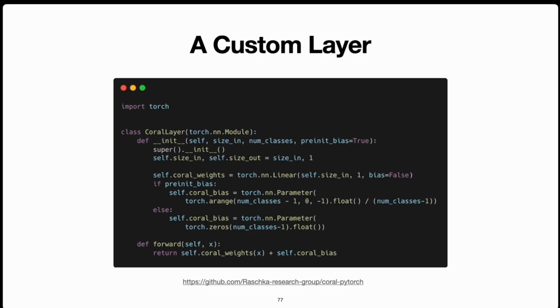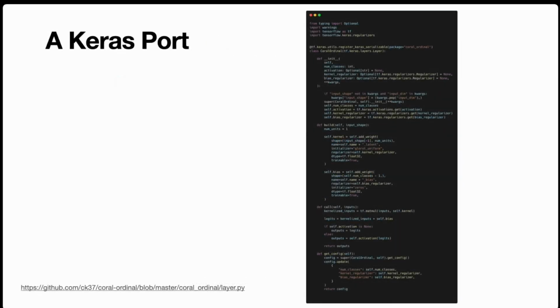And the same layer was taken by someone else who created a TensorFlow Keras port of that to use it in TensorFlow Keras. And the code was essentially this. You can see this is so much more work. And I'm not sure if I would be ready for it if I work actively on a research project and I want to just make a few tweaks. This would not be impossible, but it would be quite a lot more work. So what I like about PyTorch really is that it is relatively pleasant and simple to use while being very flexible also for research.